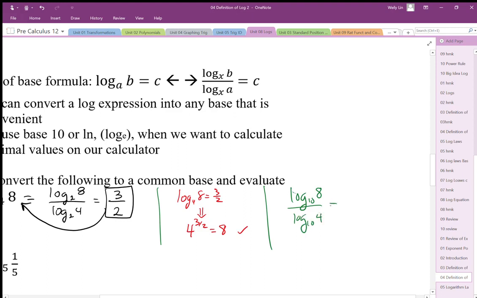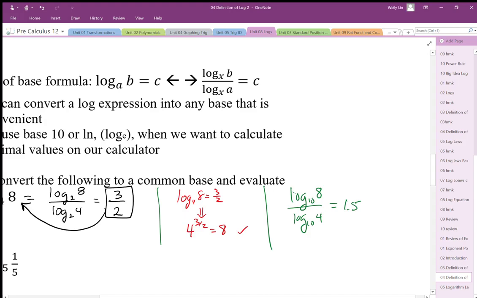Now this is ugly because log base 10 of 8 is an ugly number. Log 8 is like 0.903 something. But if I divide that exact value by log of 4, which is a really ugly value as well, together they give me exactly 1.5, which is the same as 3 over 2.